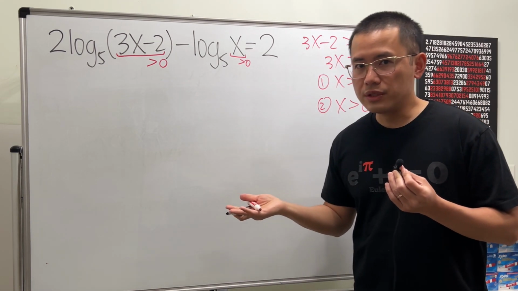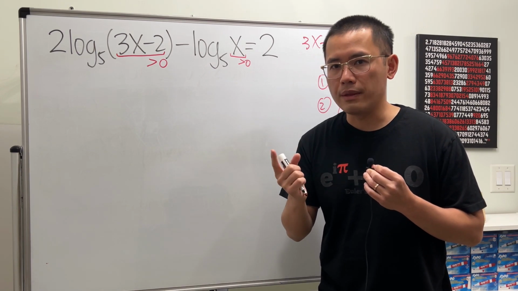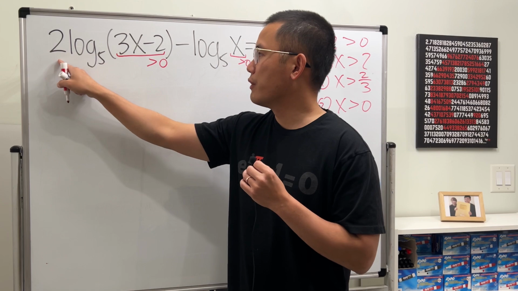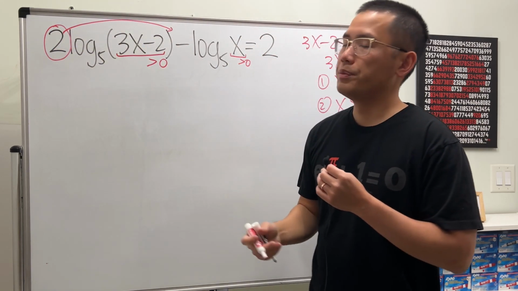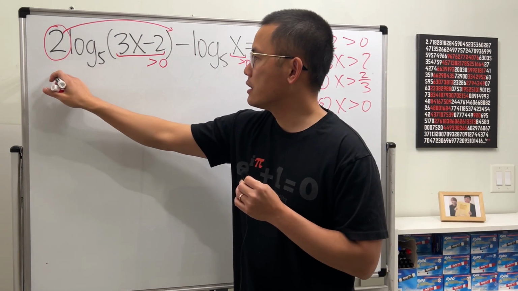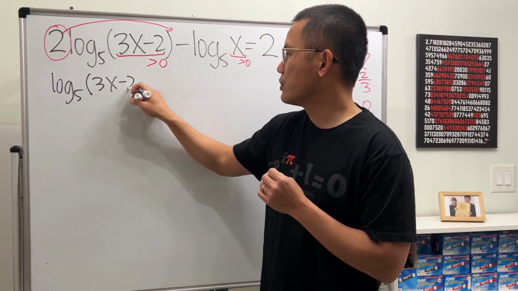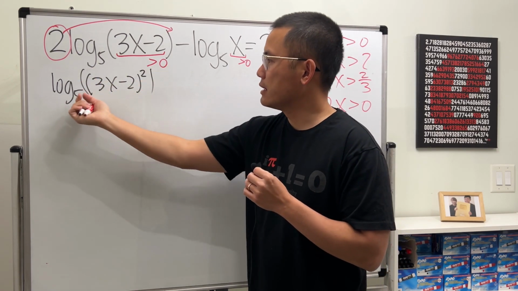Okay, now how do we solve this though? Well, when we have 2 logs, we want to combine them to 1. To do so, first notice that we have a 2 in front of this log base 5. We'll put this back up here to become an exponent. So this is the same as log base 5 of (3x minus 2) squared. And now this part is inside of the log.